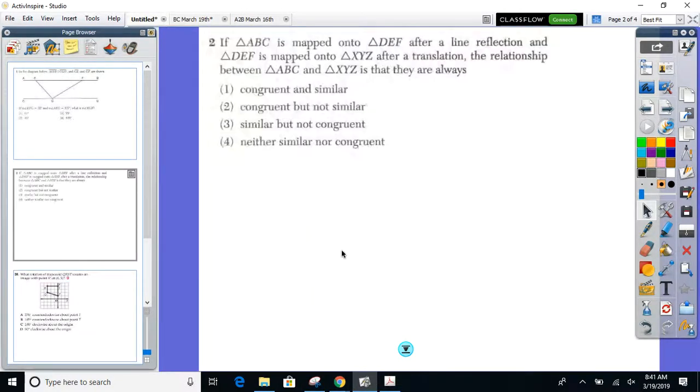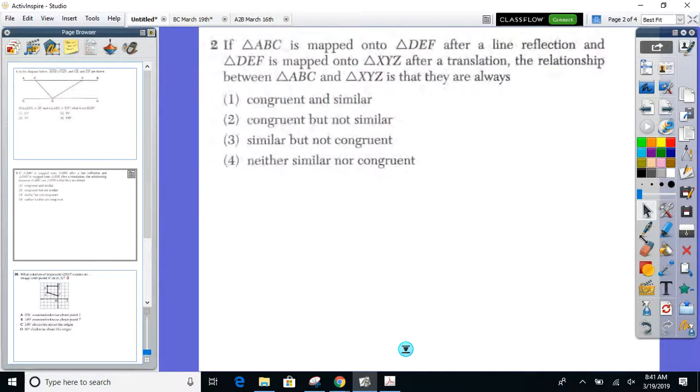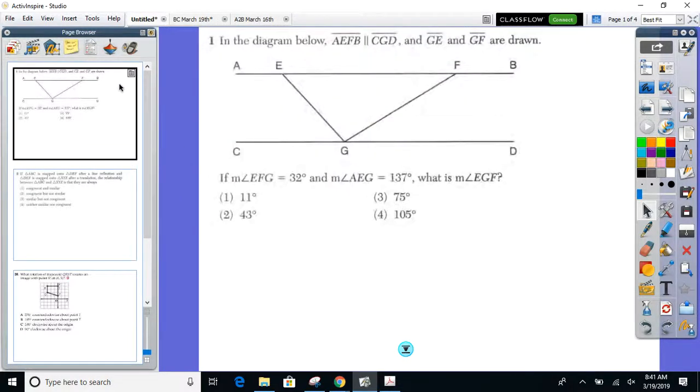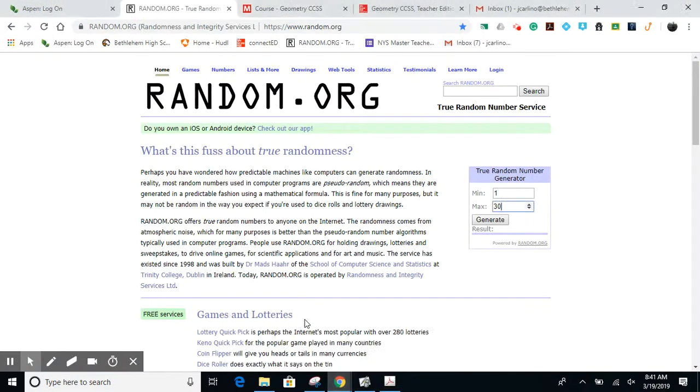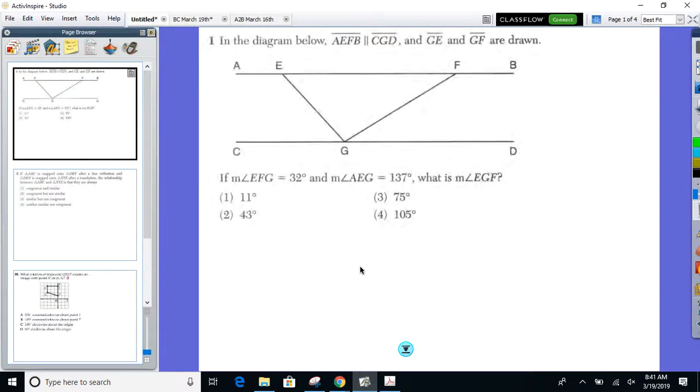Okay, here we go. Let's first do question number 1. Answers are great, but I'm going to have to ask you some background on how you got it. Problem number 1, come on up.